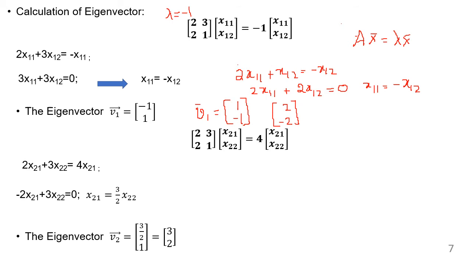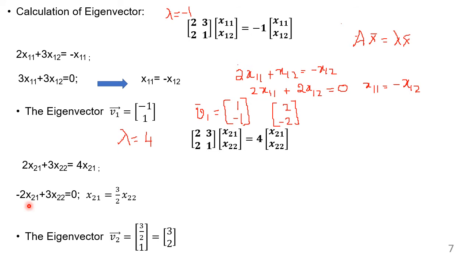So we'll take the second case. In the second case, we know that lambda is equal to 4. So you have A x on the left hand side is equal to lambda x on the right hand side. When I equate the two equations, I am going to get 2x21 plus 3x22 is equal to 4x21.